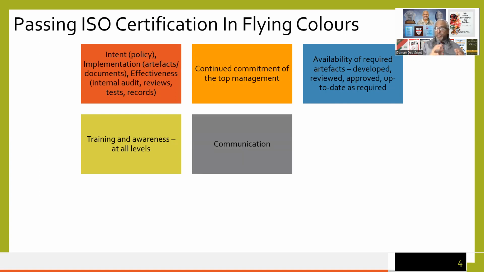Communication about the program to all relevant interested parties, starting with internal communication. The policy is developed, but do people know about it? How have you told people about your policy? A response could be all policies are published on our intranet. There is a special section there.